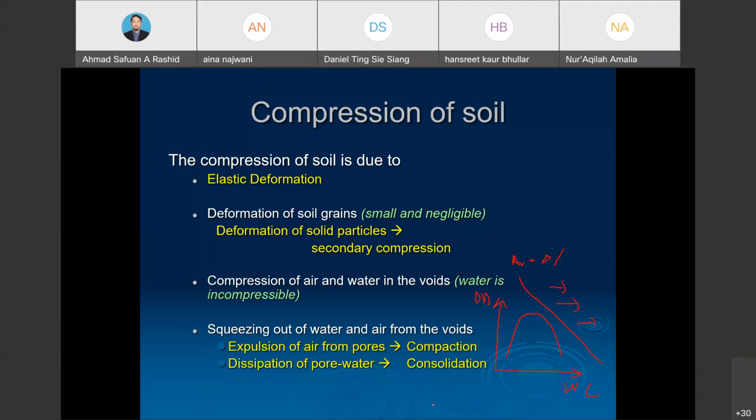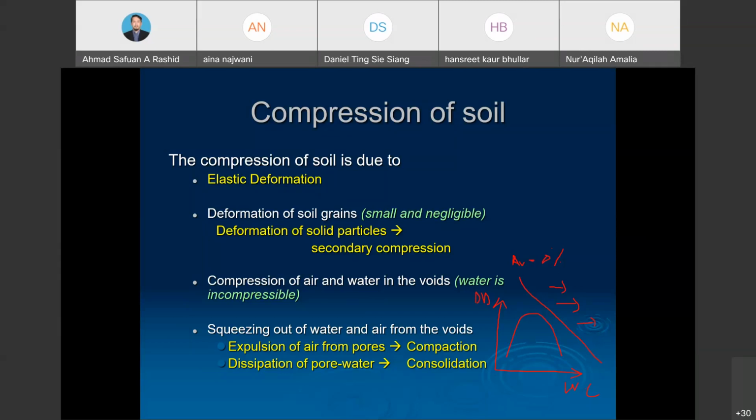So kalau ada soalan, explanations, during your final, if there is a question asking on the difference between compaction and consolidation, it's better for you to draw a sketch for the compaction, this kind of curve. While for the consolidation, you may learn later on, then you need to know how to sketch it to show the difference between compaction and consolidation.